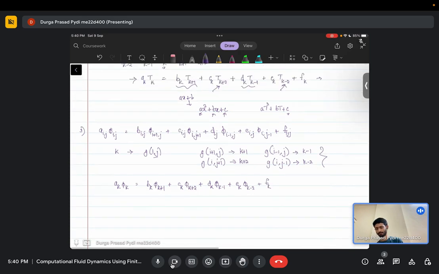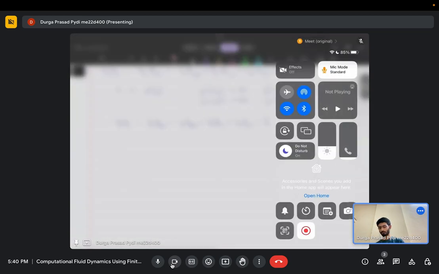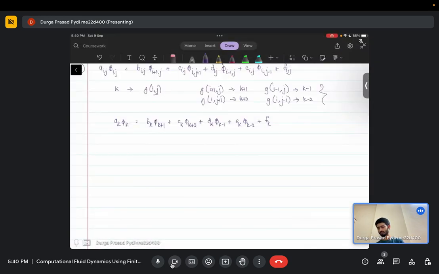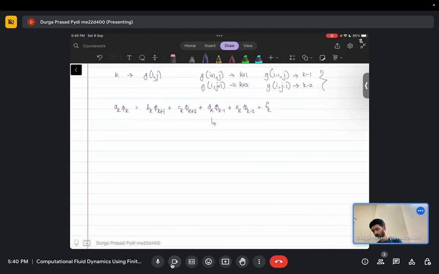So this is something very similar to the one which we previously got. Just like a TDMA, we call this a pentadiagonal matrix. If you're familiar with linear algebra, what TDMA does is, you have an equation something like this.